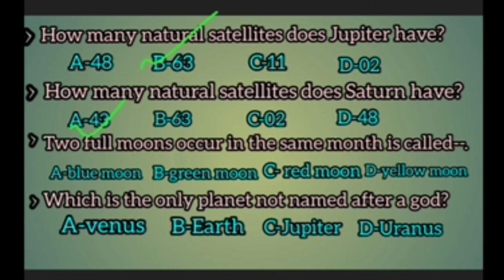Two full moons occurring in the same month is called A. Blue moon, B. Green moon, C. Red moon, D. Yellow moon. Answer A. Blue moon. Which is the only planet not named after a god or goddess? A. Venus, B. Earth, C. Jupiter, D. Uranus. Answer B. Earth.